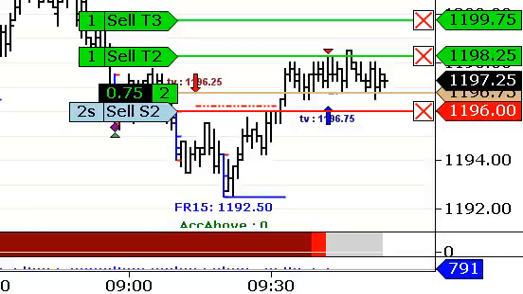So our basic trade management, or our sort of prototypical account trading protocol, is with 4 contracts. Our maximum stop is 6 ticks, which is equivalent to 1.5 in the E-mini S&P. Every tick in the E-mini S&P is $12.50.